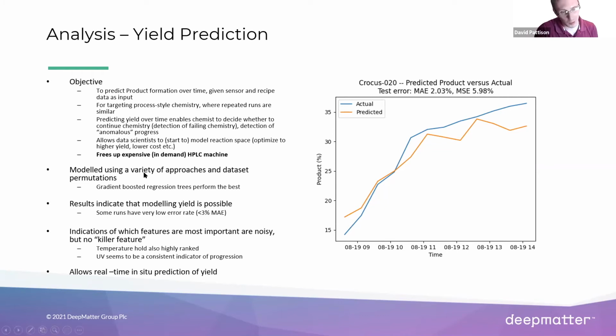From what I remember, temperature was highly ranked, but UV was actually also a good indicator of progression. My suspicion on that one is that it's because of the color change that occurs during the reaction, and that's a bit of a proxy for it. So we have a camera on device X, which we use for detecting color.